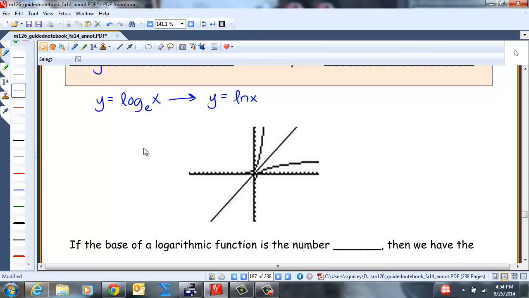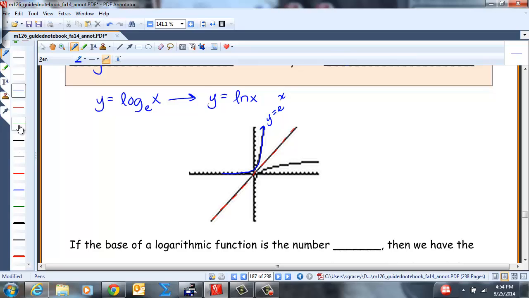Okay, so let's label these. This here is our line, y equals x, the line that they reflect across. This guy here, that's y equals e to the x.